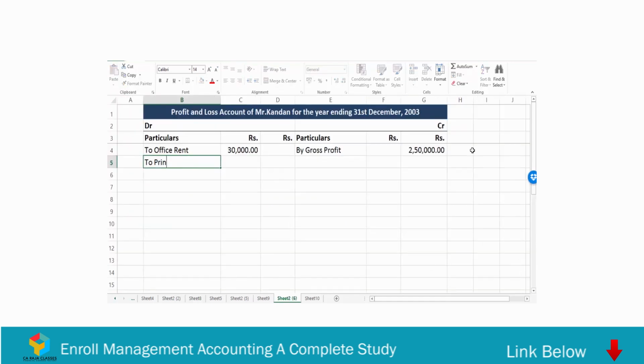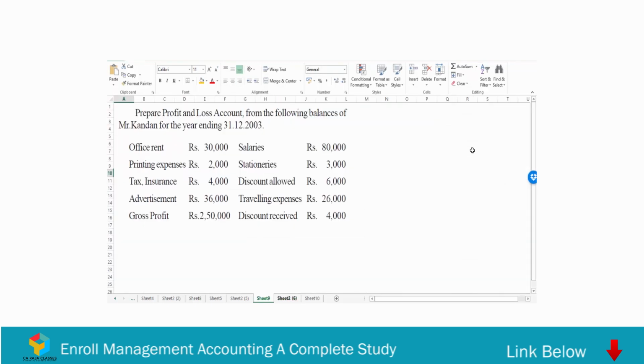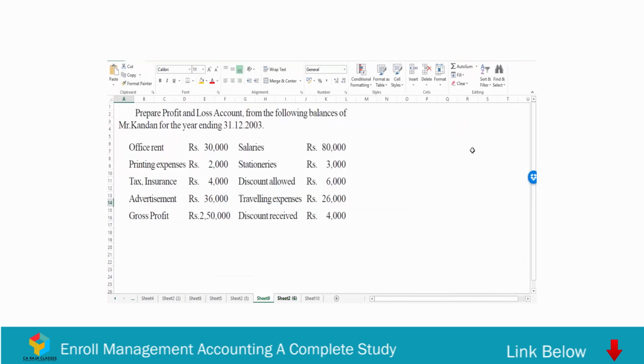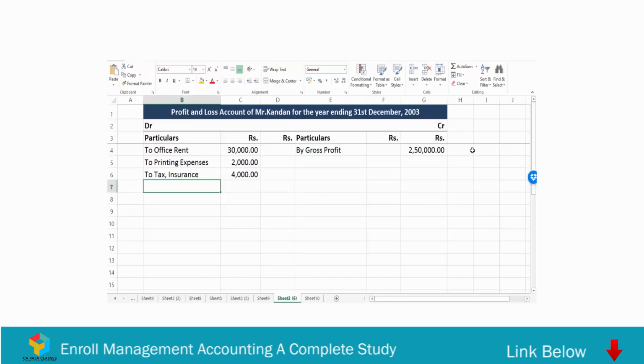So to printing expenses 2,000. Then we have tax, insurance 4,000. To tax, insurance, it's 4,000. Then we have advertisement 36,000. To advertisement 36,000.